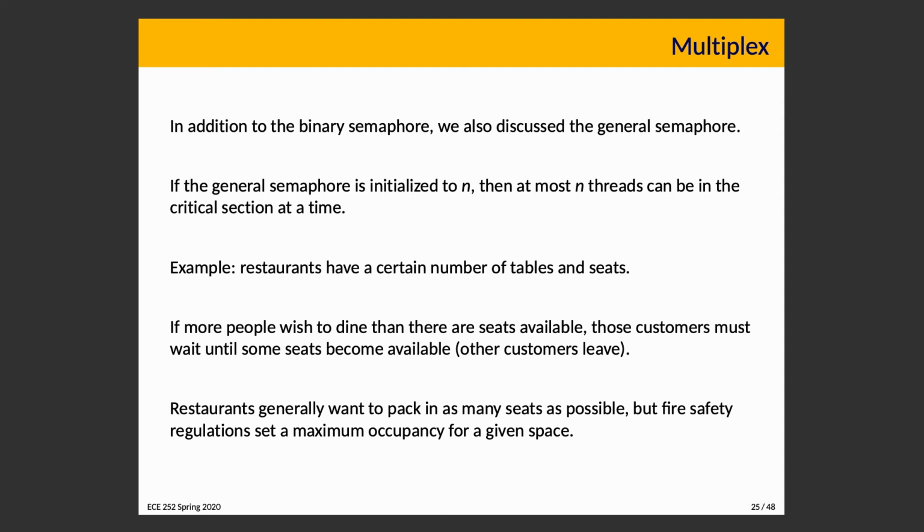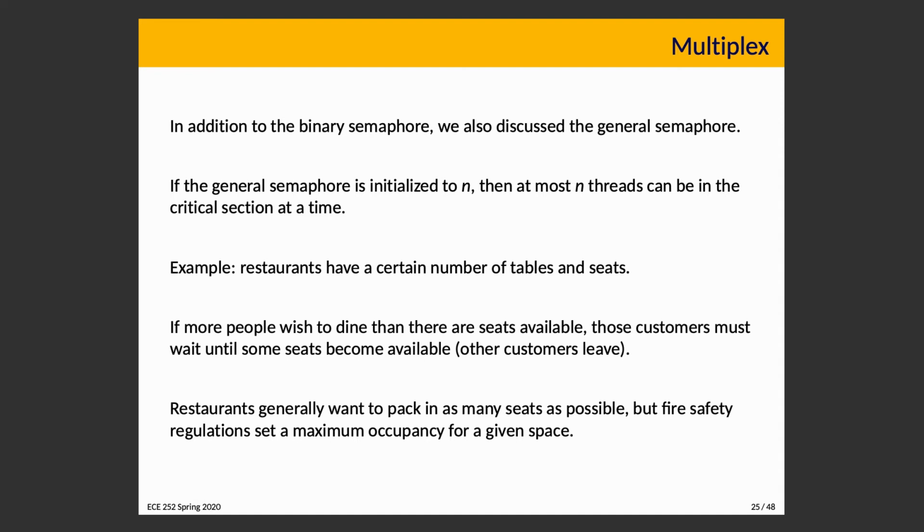And sometimes actually we're going to relax that constraint using the general semaphore, and that is you can intentionally make a decision about initializing a semaphore to some value n, allowing n threads to be in a critical section at the same time. Panic and freak out, I know: what do you mean multiple in the critical section at the same time? It depends what's in your critical section.